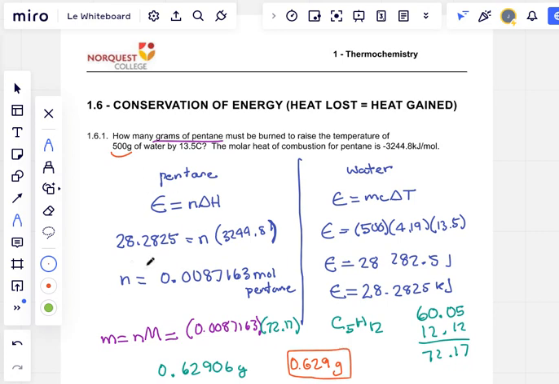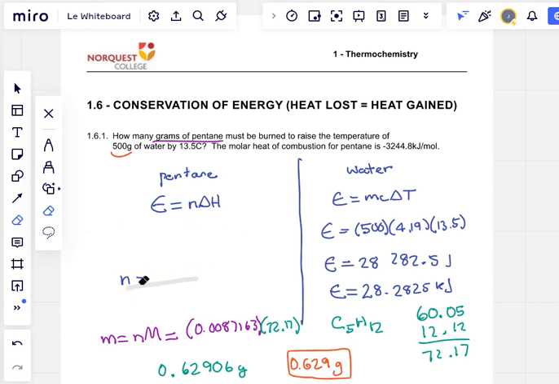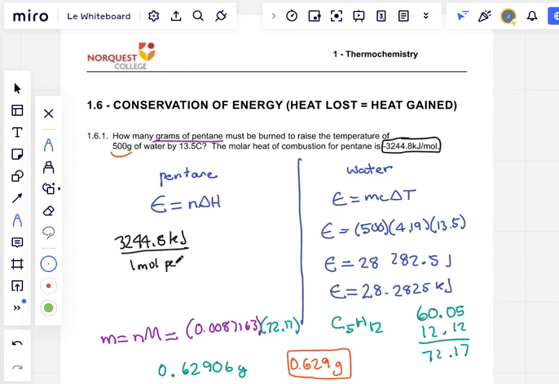I'll run through this part real fast using cross multiplication just to show you that the same stuff happens. It doesn't change that much. If you do this by cross multiplying, they told us the delta H here, and you would think of this as I get 3,244.8 kilojoules for every 1 mole of pentane.